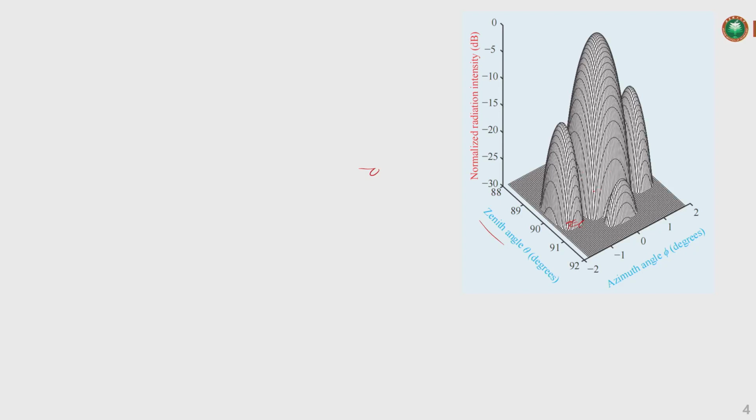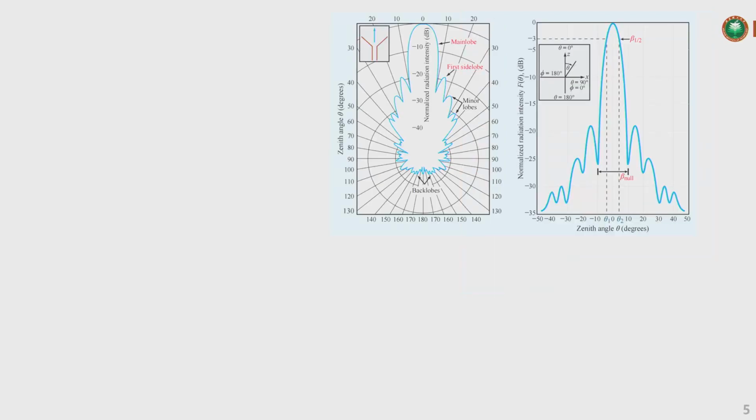Usually we take the zenith angle equals pi over 2, 90 degrees, along this line. And we also take the zenith angle equals 0, along this line. Usually we have the plots in these two planes, right? So we plot curves like this one or like this one.